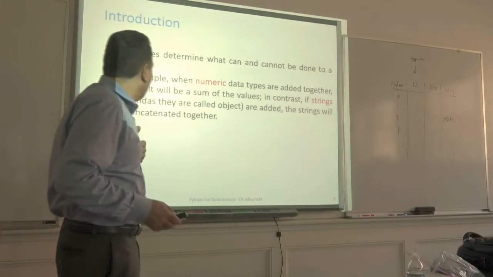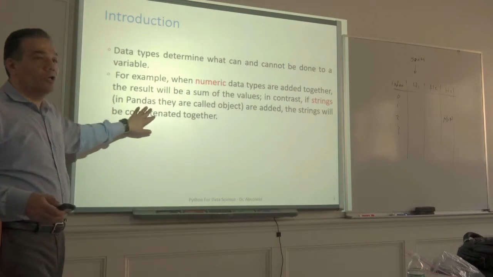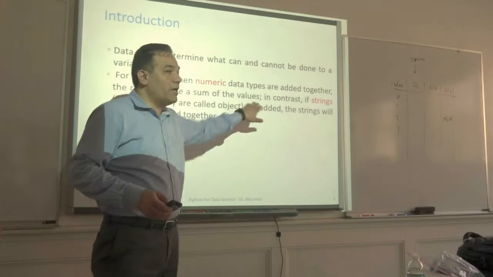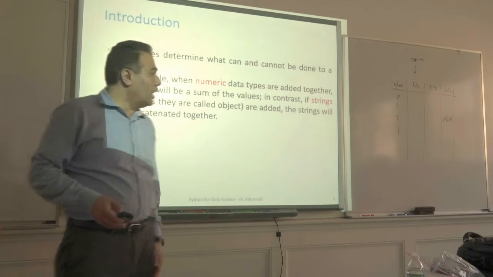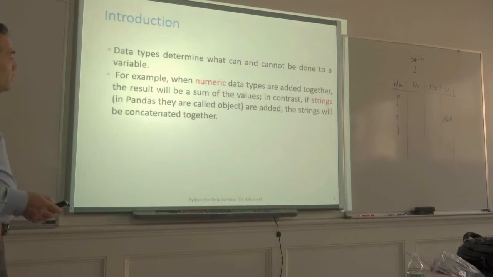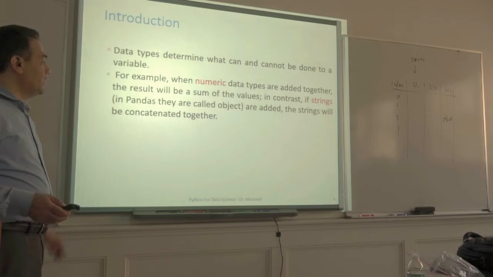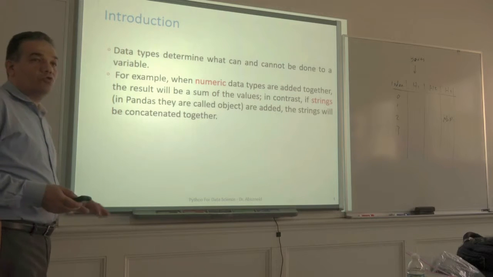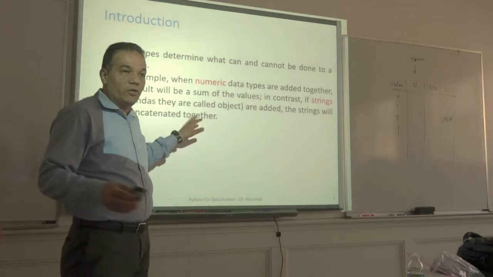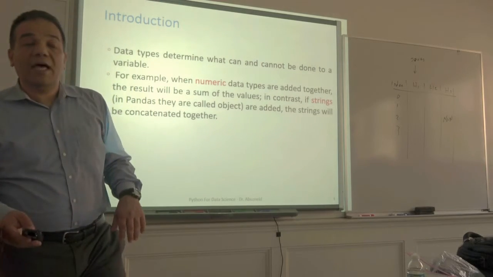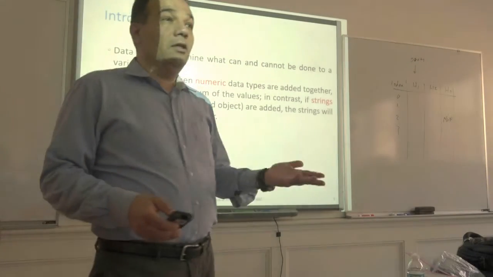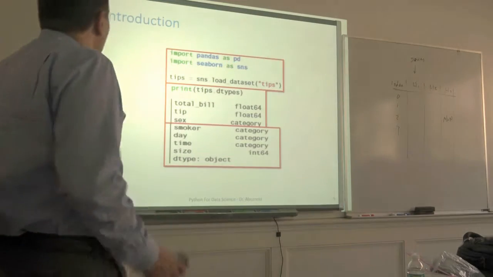But if you have strings, which in Pandas we call object, then when you try to add two strings, they will be concatenated, added together. So the type of the data determines the operations you can do.